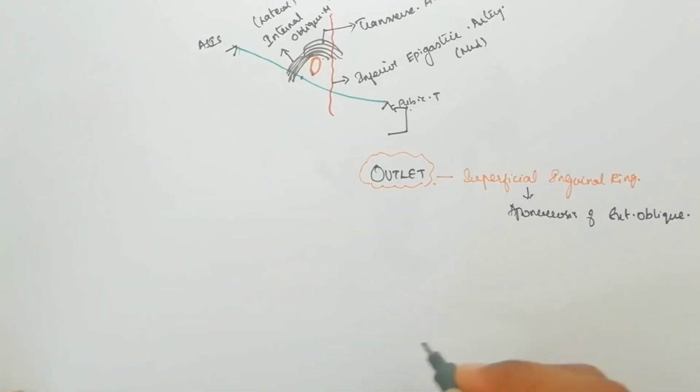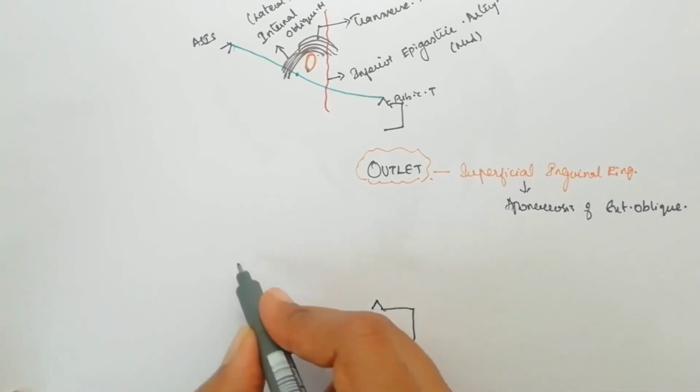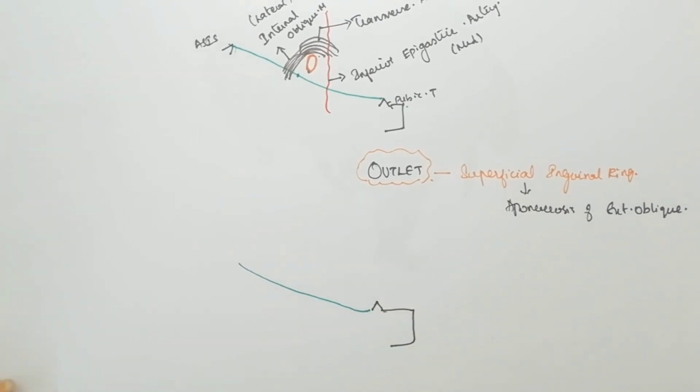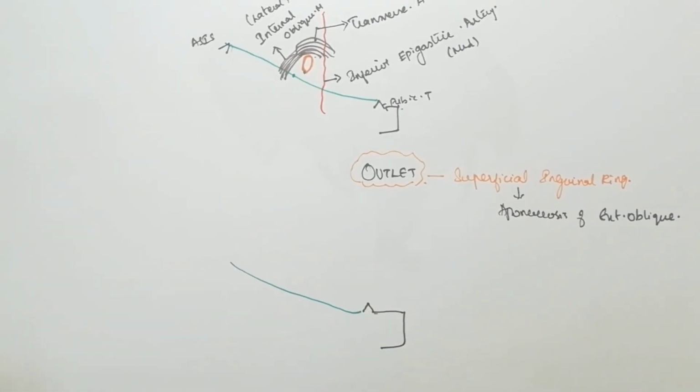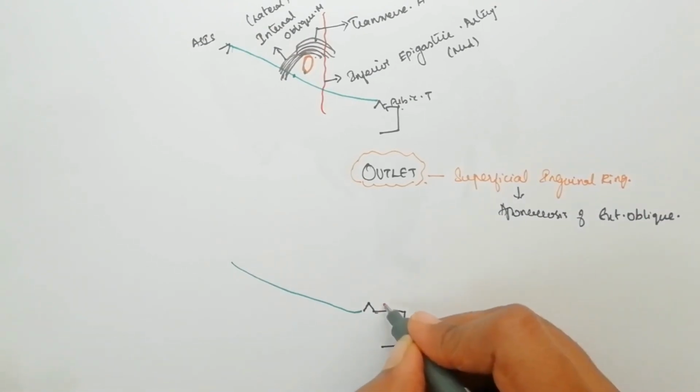For that again we have our pubic symphysis, pubic tubercle, and this part is the pubic crest, and then we have our inguinal ligament placed here. For the superficial inguinal ring, it is triangular in shape and present just above the pubic crest.